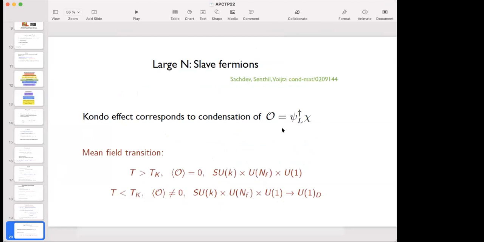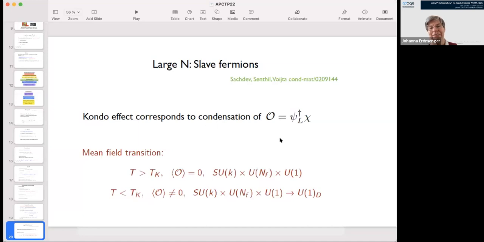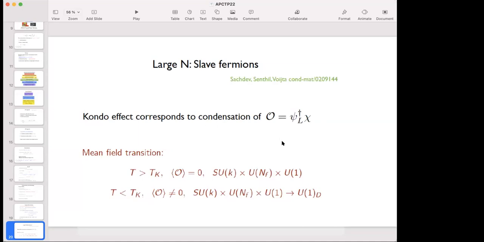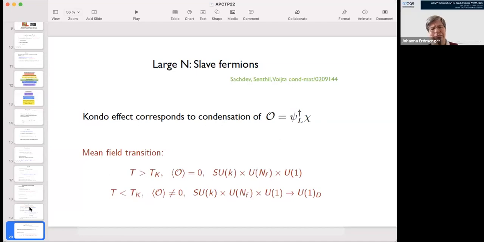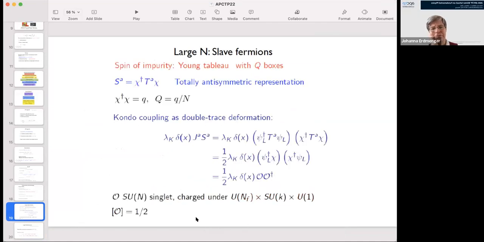If chi is transforming, you say psi is not transformed under that U1? Yes, exactly. So that's why this thing breaks the symmetry. But is it true that psi is the SU(N), not U(N)?